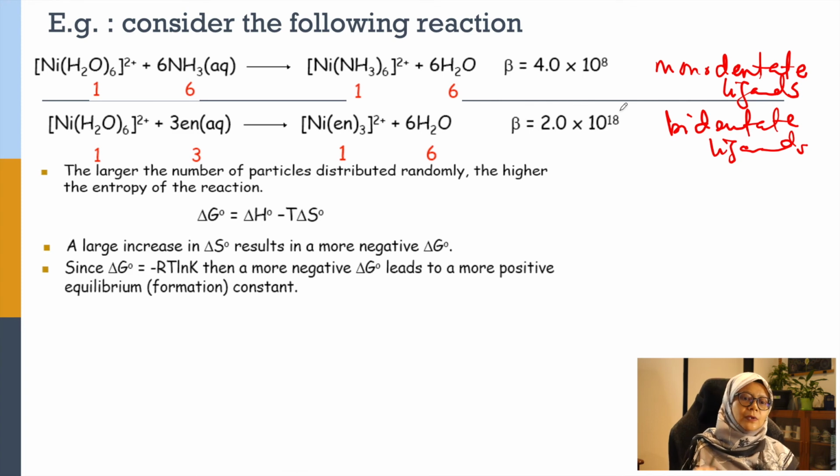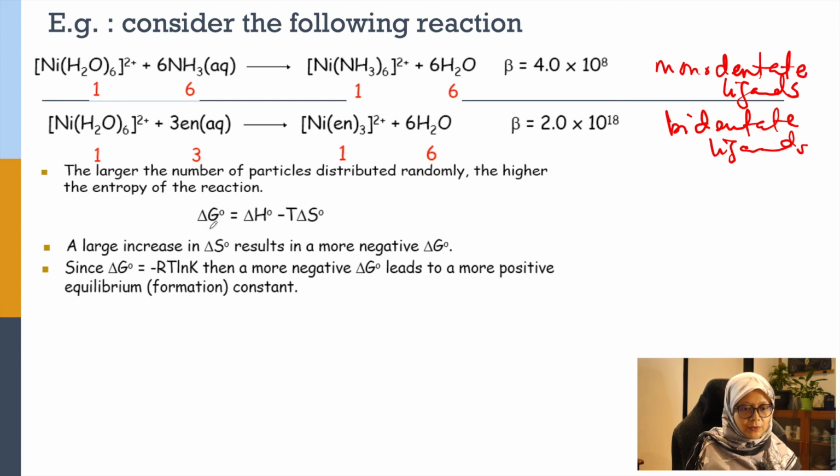So the larger the number of particles distributed randomly, the higher the entropy of the reaction, the higher the degree of randomness. So back to the formula, delta G equals delta H minus T delta S. Here we have a large increase in delta S, so the delta G will become more negative.